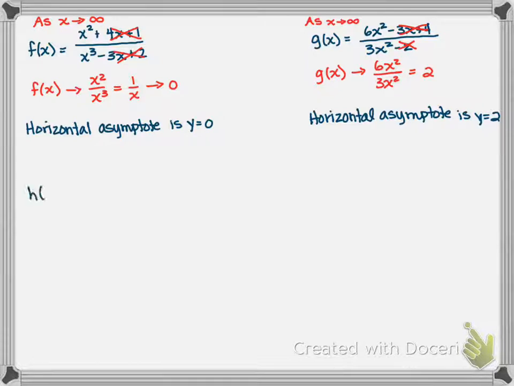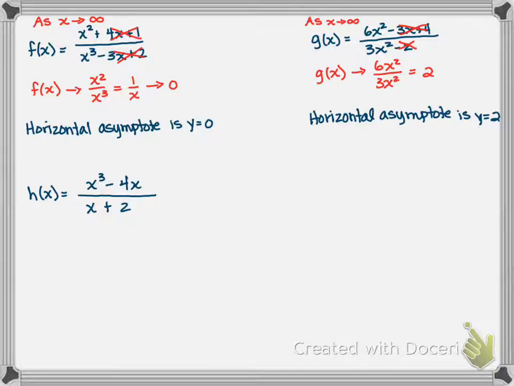Let's do h of x equals, I don't know, x to the third minus 4x, and then x plus 2.